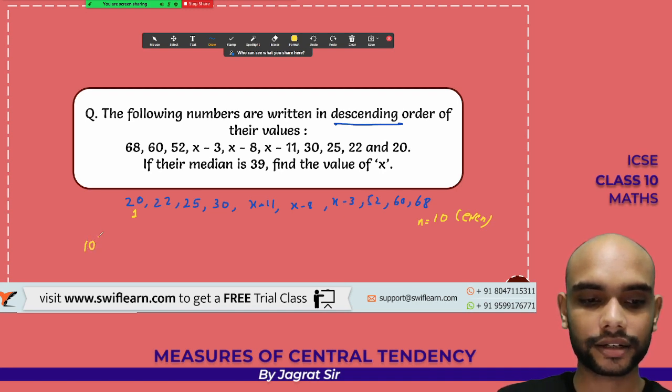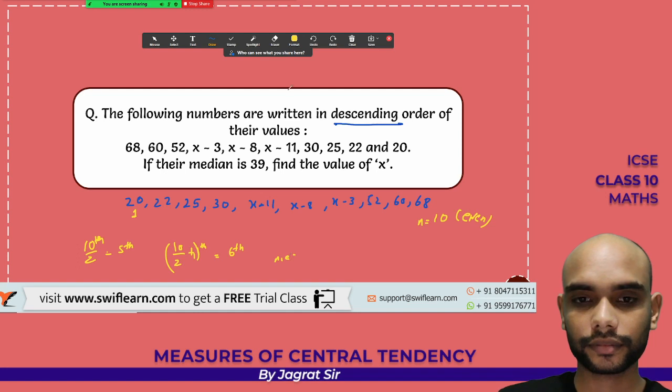So 10 upon 2th, the 5th, and 10 upon 2 plus 1th, that is 6th. So the median will be 6th plus 5th upon 2.